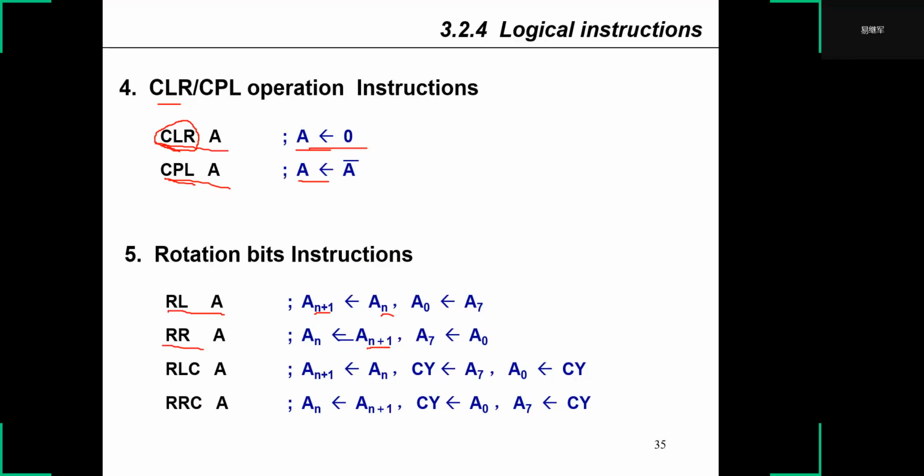This is RLC, rotate left with C, where An moves to An plus 1, A7 moves to CY, and CY moves to A0. This is the rule.